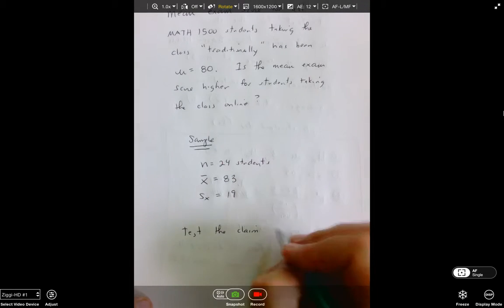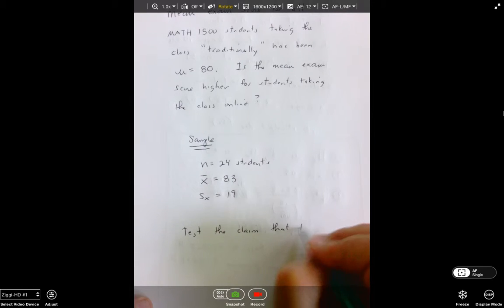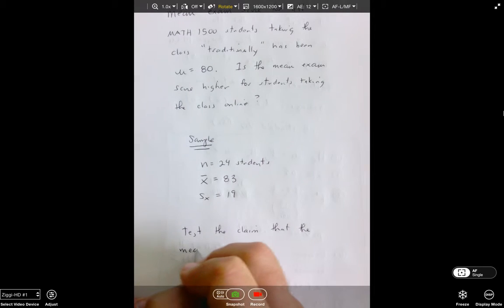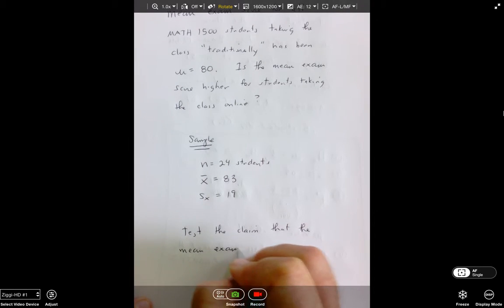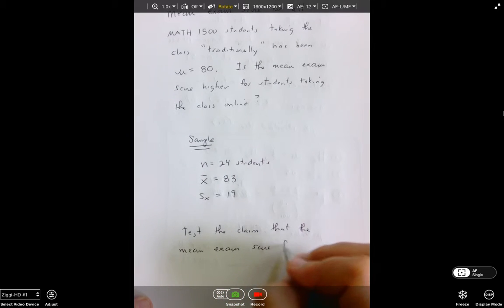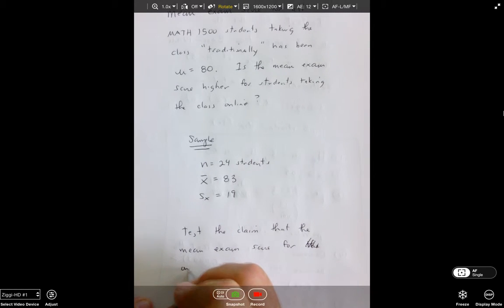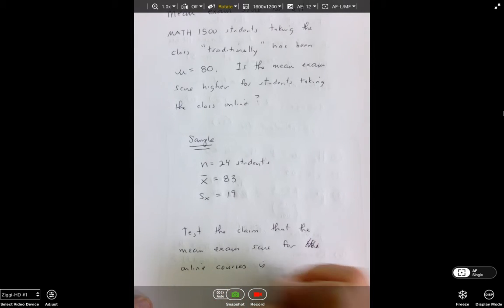Test the claim that the mean exam score for online courses is higher than for traditional courses.